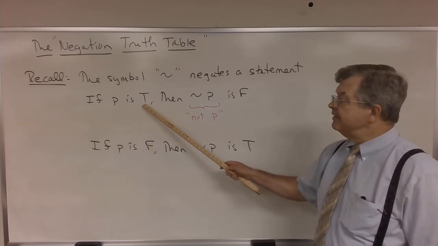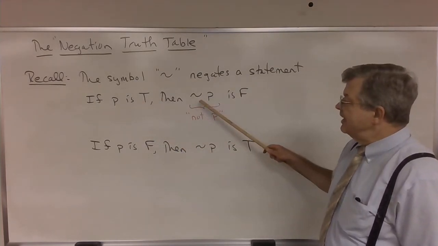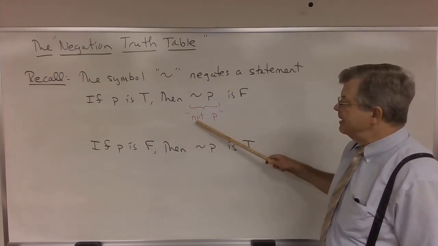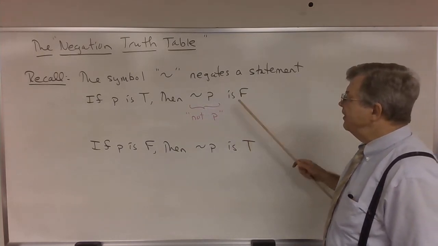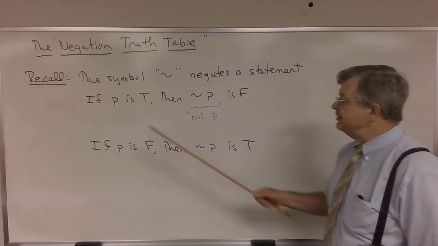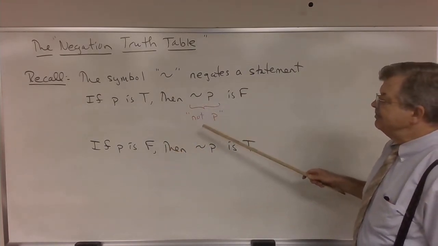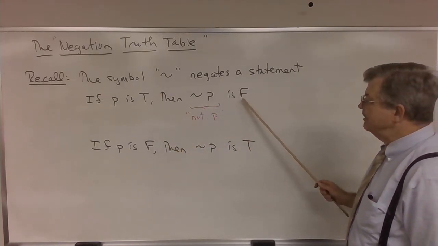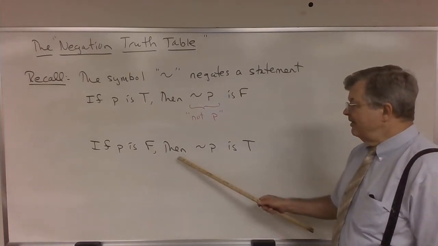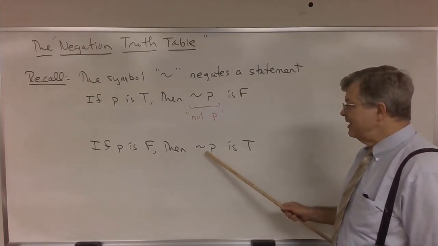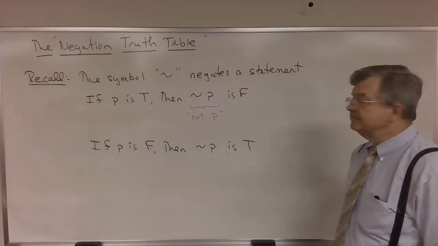So if P is true, then this thing, which we sometimes refer to as not P, is false. So if P is true, the negation of P or not P is false. But if P is false, then the negation of P or not P is true.